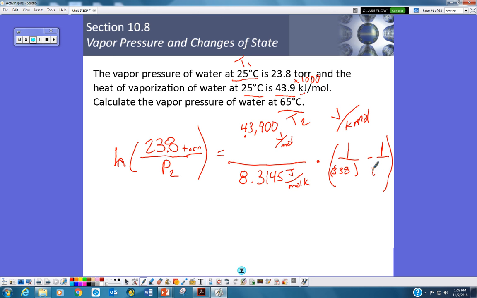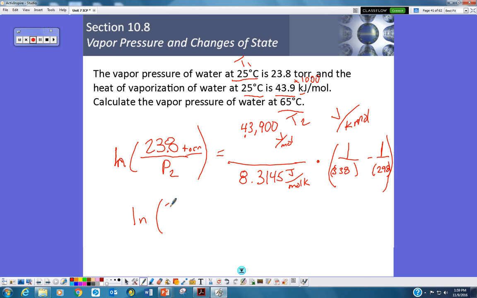And then 25 would be 298. You didn't have to put the parentheses around it. In order to solve this, the first thing I'd want you to do is go ahead and solve this side of the equation. We're going to leave this side alone.